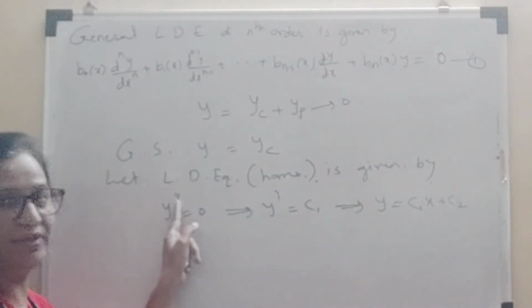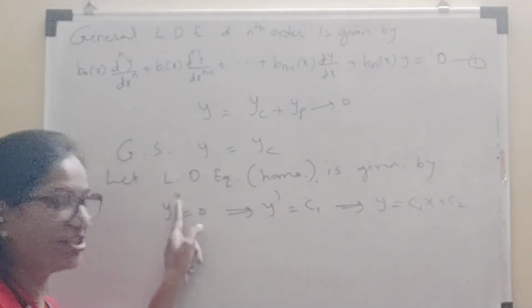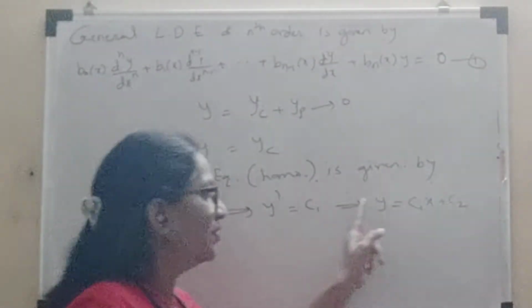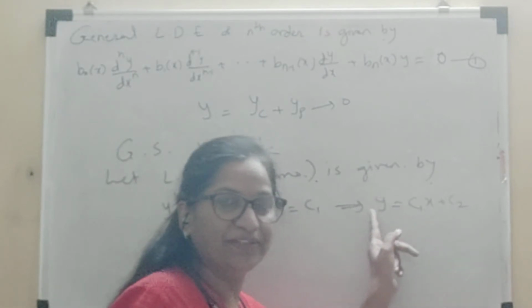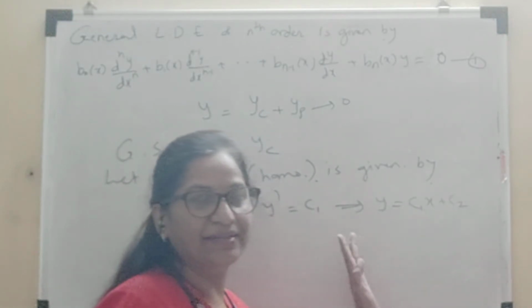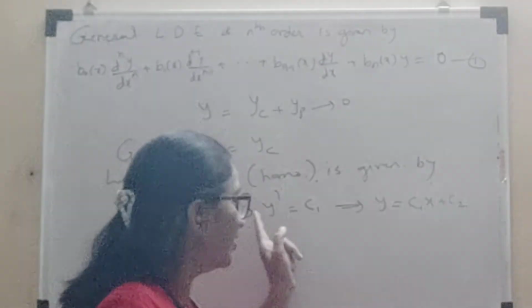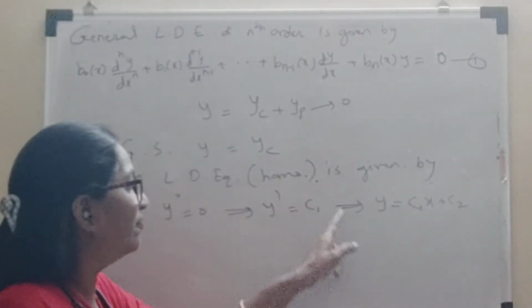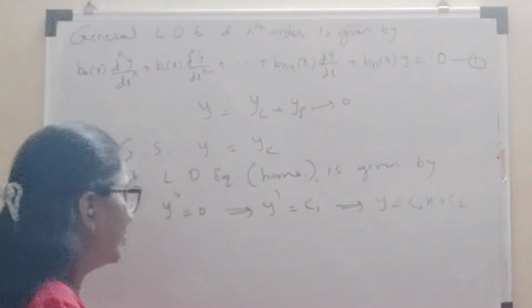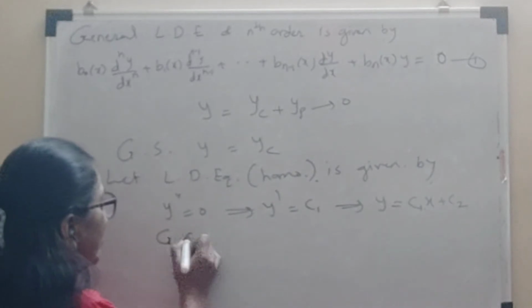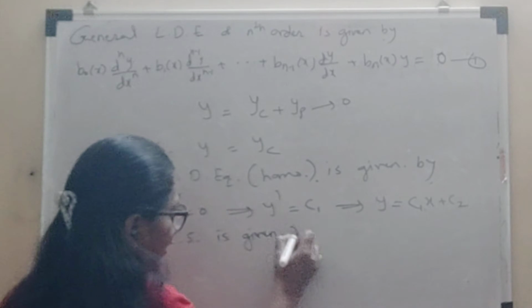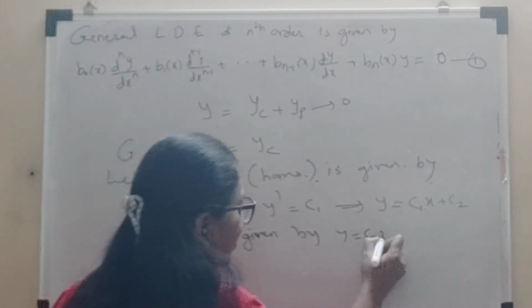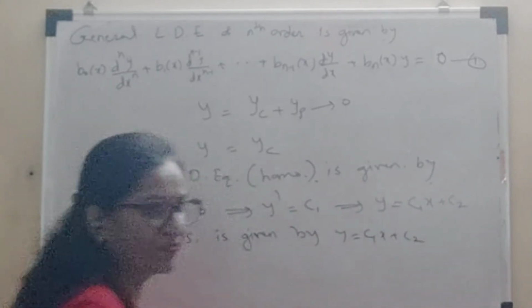It is a second order homogeneous linear differential equation, as the order is 2, and there are 2 arbitrary constants in the general solution. So we get the correct answer. Also it is homogeneous, so YP is obviously 0. Therefore the general solution GS is given by y = c1x + c2.